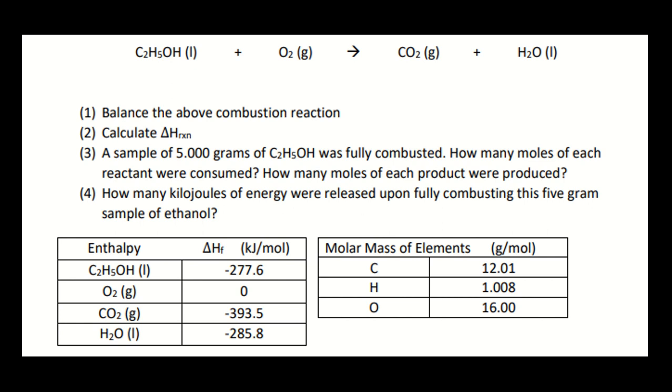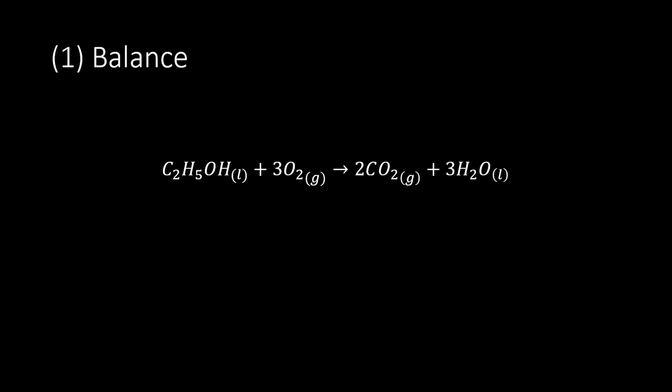We'll determine the amount of moles of each reactant that would be consumed and the theoretical amount of moles of each product that would be produced from 5 grams of ethanol. And then after that, we will just calculate the kilojoules of energy released upon fully combusting those 5 grams of ethanol.